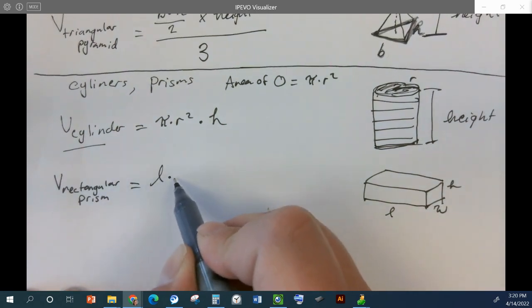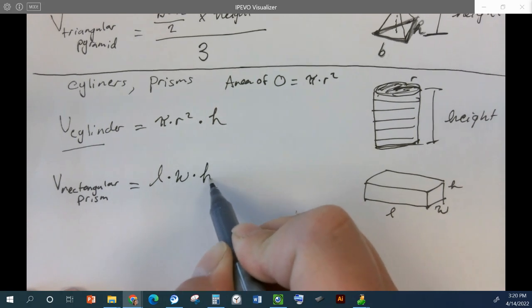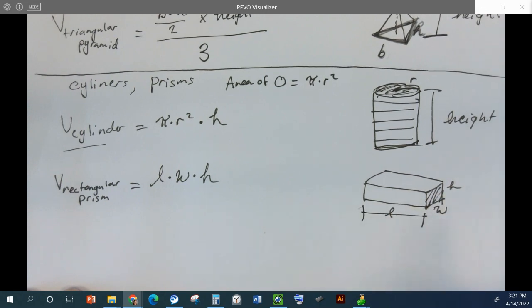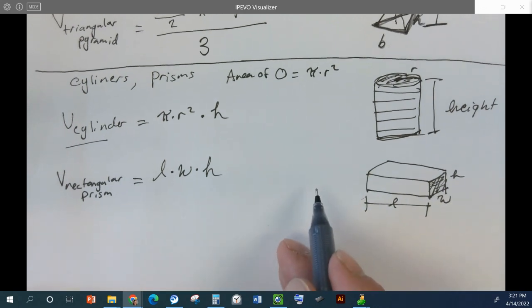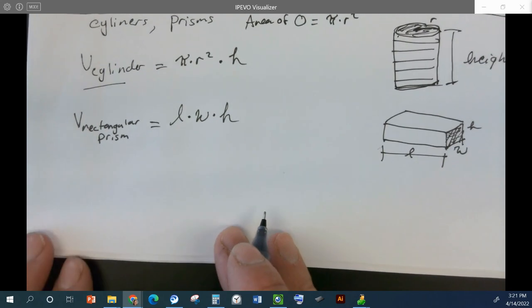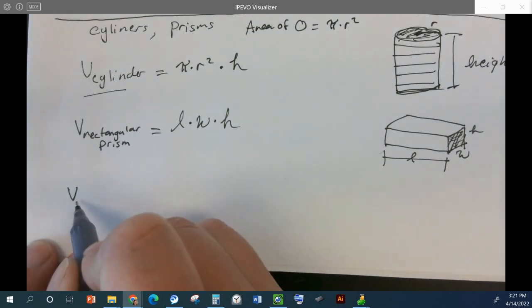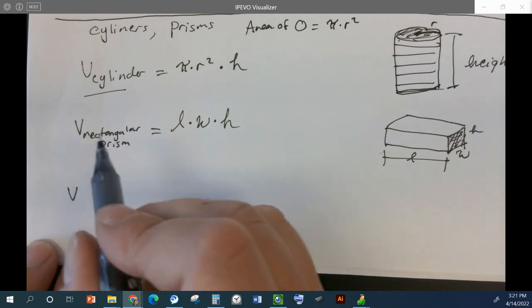Basically we're doing the same thing. We're figuring out the area of one side and then multiplying that by how deep that shape is. So the area of the face would be length times width, and then we'd multiply by how deep it is. So that's prism. And the last shape that we are going to calculate the volume for is a triangular prism.